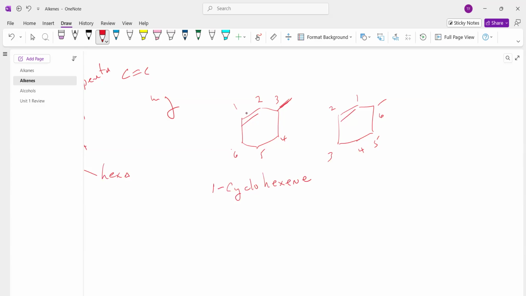And the branch is on carbon 3, so it's going to be 3-methyl-1-cyclohexene. This one has the branch on carbon 6, so it's going to be 6-methyl-1-cyclohexene. So intuitively, which do you think is right?